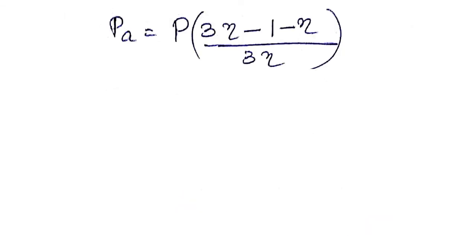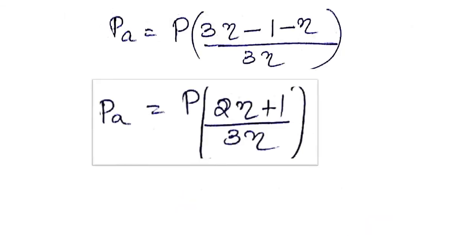So after rearranging, you will get PA is equal to P into 2 eta plus 1 divided by 3 eta. This is how we calculate the value of PA for small motors. That is for motors with P less than 500 kW. Thank you.